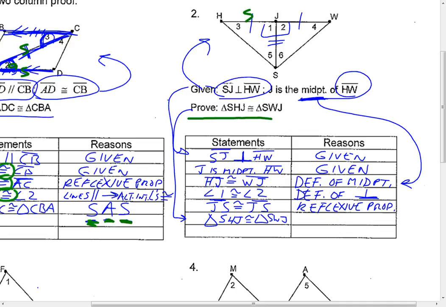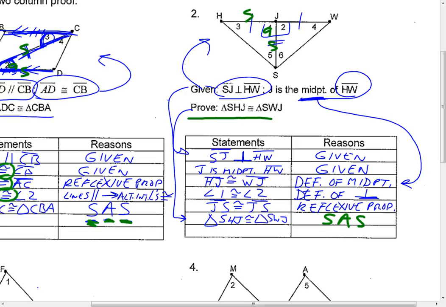I see a side, I see an angle, and I see a side. But double check, how many letters are in SAS? So you should have 3 congruency statements previous to that. Do we have 3 congruent symbols? 1, 2, 3. Are 2 of those dealing with sides? These 2. And is one of them dealing with angles? Okay. So we're probably okay.